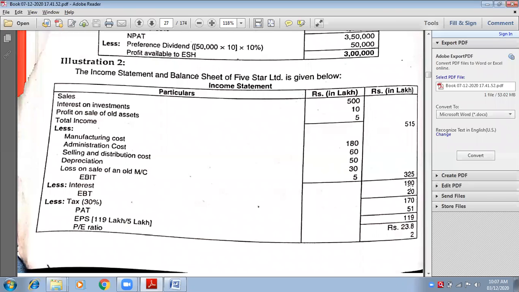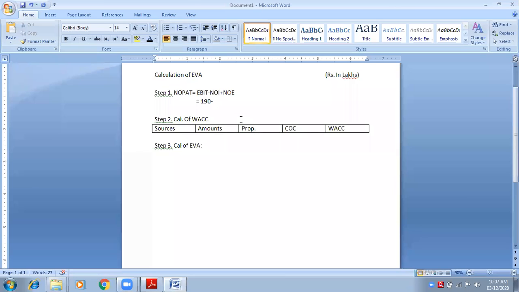So from that 190, there are three things which are included here. Two non-operating incomes: interest on investment 10 and profit on sale of old assets 5. Add both the incomes, 10 plus 5, 15. So non-operating income is 15.